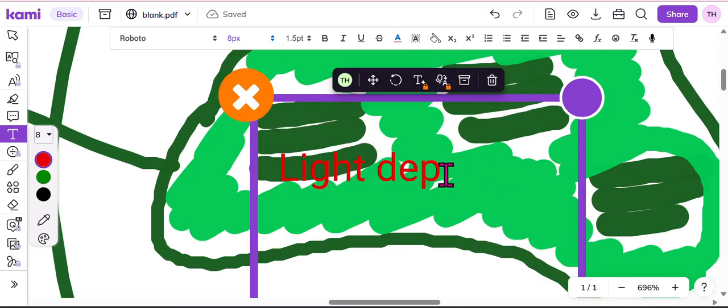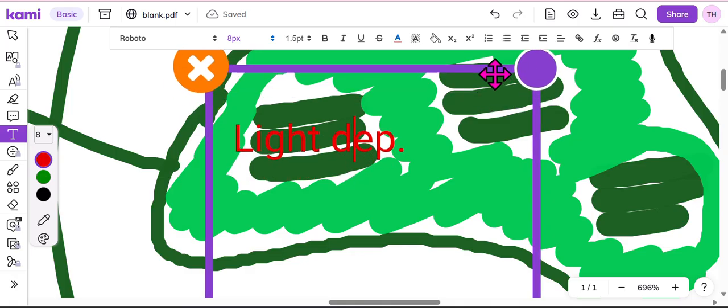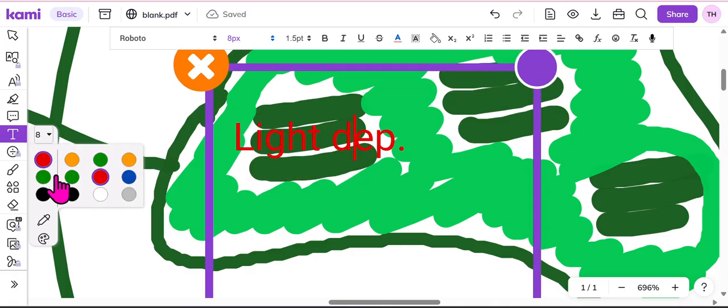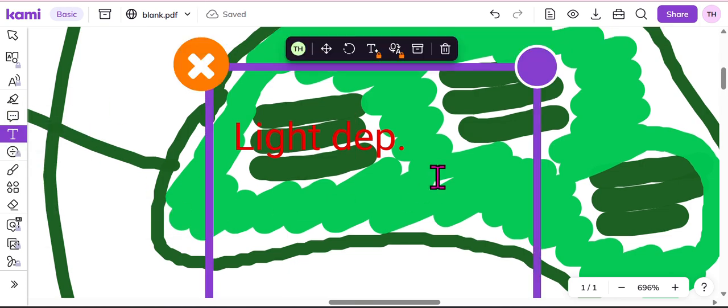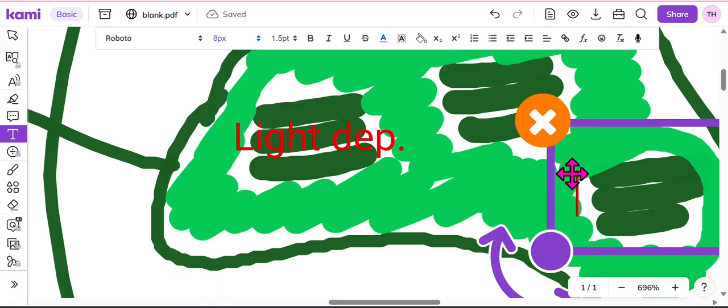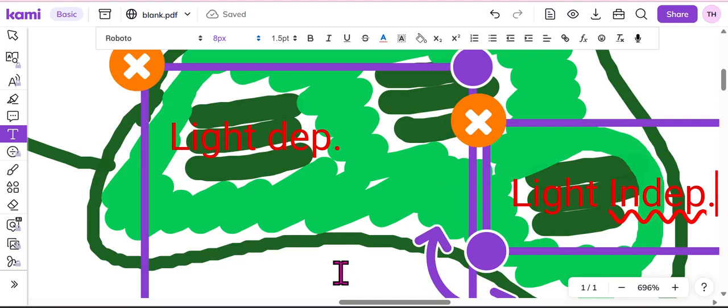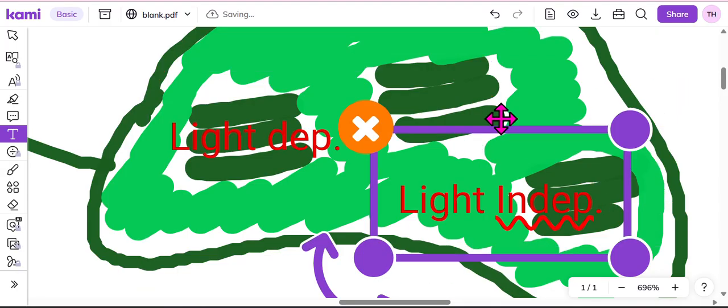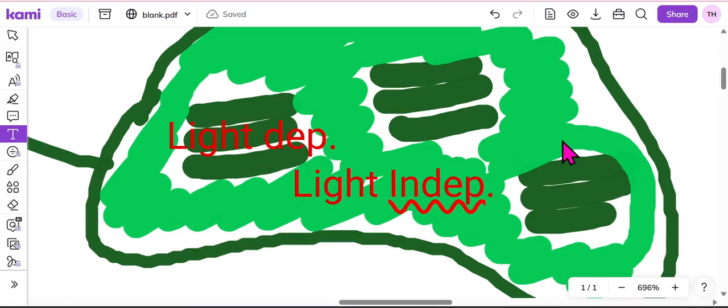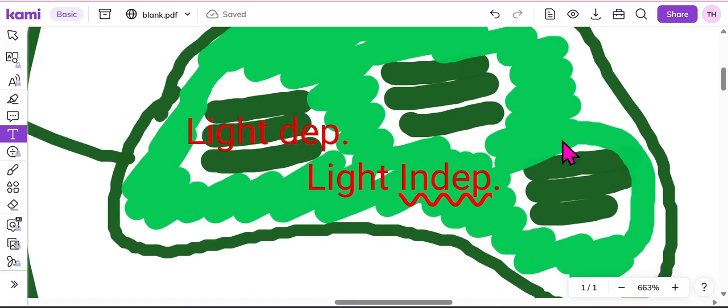Our light-dependent reaction is going to be taking place inside the thylakoid, and then our light-independent reaction is going to be taking place in this lime green area of the stroma. All right, so that's where we're at so far.